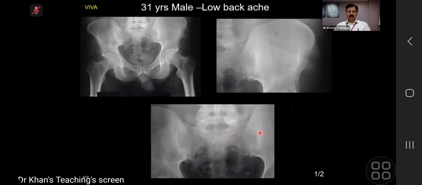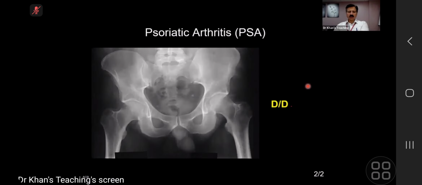Well done. So here we can see that there is bilateral asymmetrical sacroiliitis, and with that, there is enthesopathy. You have to develop your eyes to see new bone formation wherever the muscles or ligaments are attached.